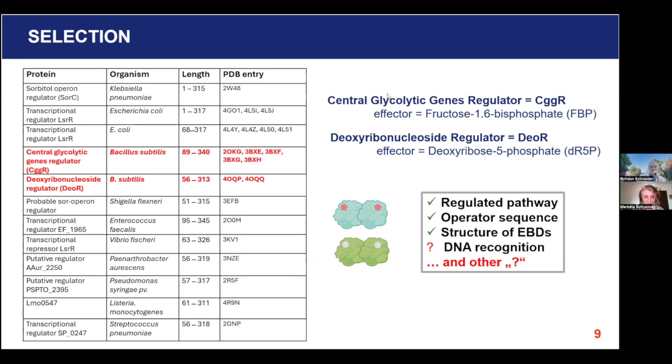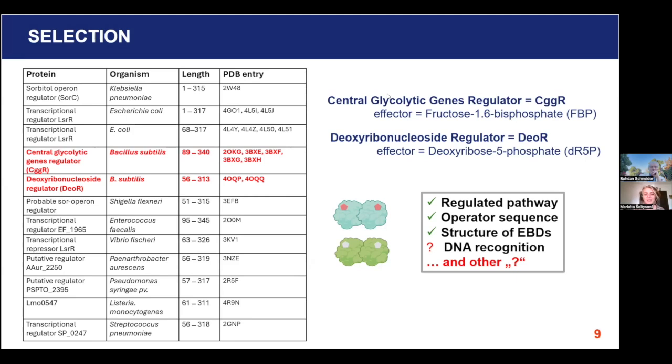And speaking of the effector, for CGGR, fructose 1,6-bisphosphate was identified as the right one, and for DOR, it was deoxyribose 5-phosphate. And so the remaining question mark was the DNA recognition.